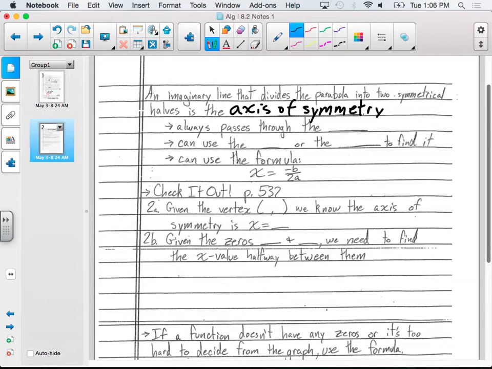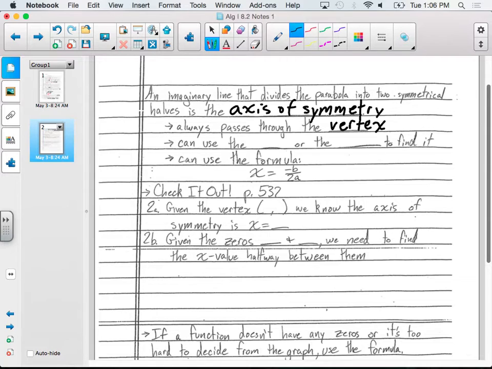First, it is always, everyone say always, going to pass through the vertex of the parabola. What happens if it doesn't? Then it's not a quadratic.